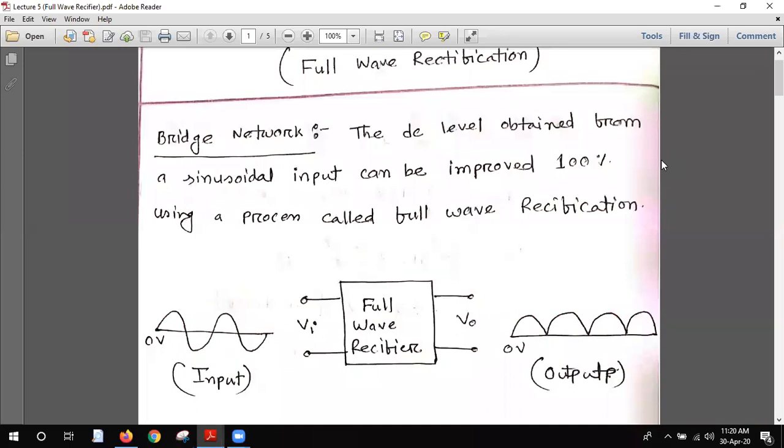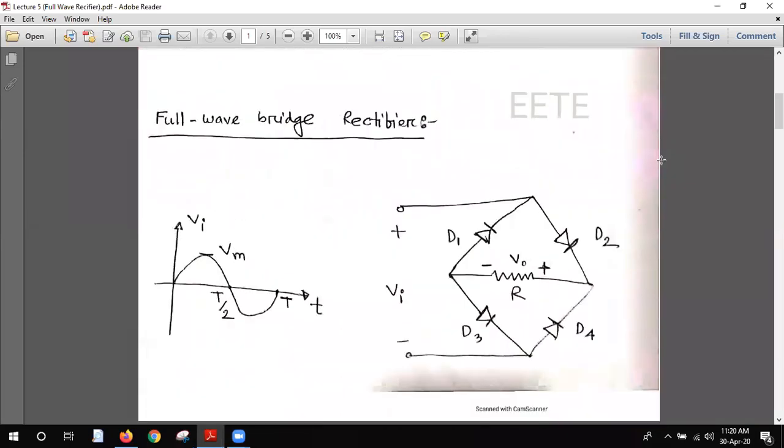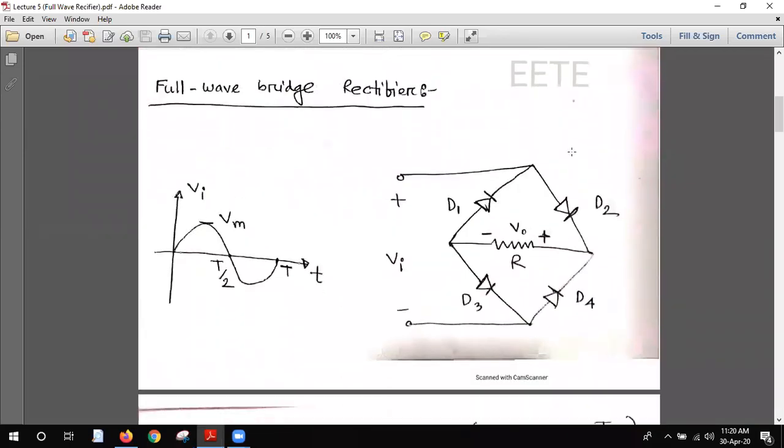So let's see the circuit first. This is the full wave rectifier circuit, my dear students. Just see that there is a 4 diode configuration. This is D1, this is D2, this is D3, this is D4.